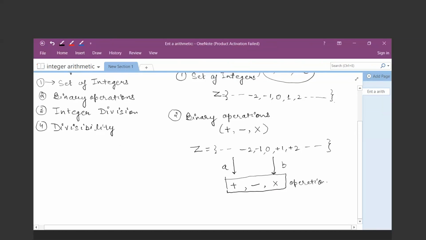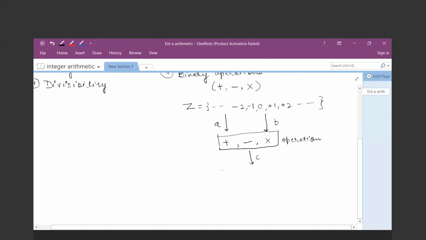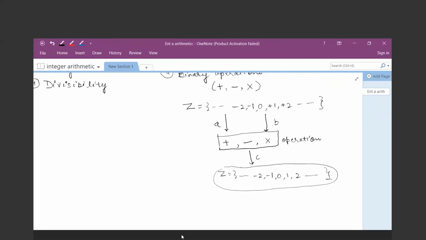After applying the addition, there is one answer value, and this answer value should belong to the same set, that is Z, equal to negative values including 0 and the positive values. So C belongs to this set, and A and B also belong to this set of integers. Now the third one, that is integer division.